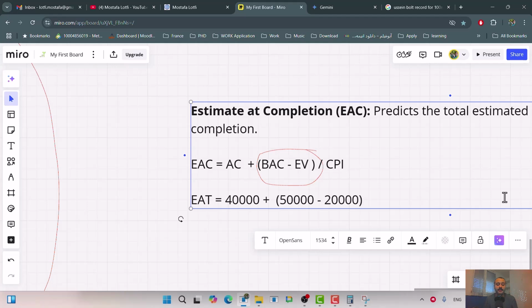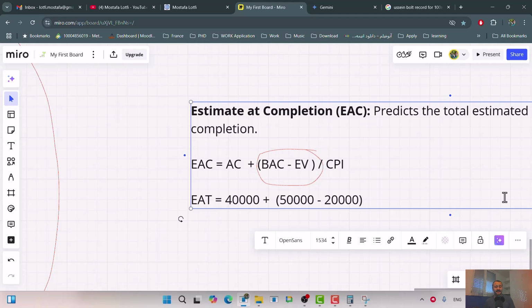you can be a very optimistic person. You say, okay, after 30 days, it's true, our performance was very bad and we managed to build only 2 floors, but from now on suddenly something changed and our performance will be perfect, and for the rest of 3 floors we are going to spend, because each floor is supposed to cost 10,000, right? And from now on each floor will cost 10,000.